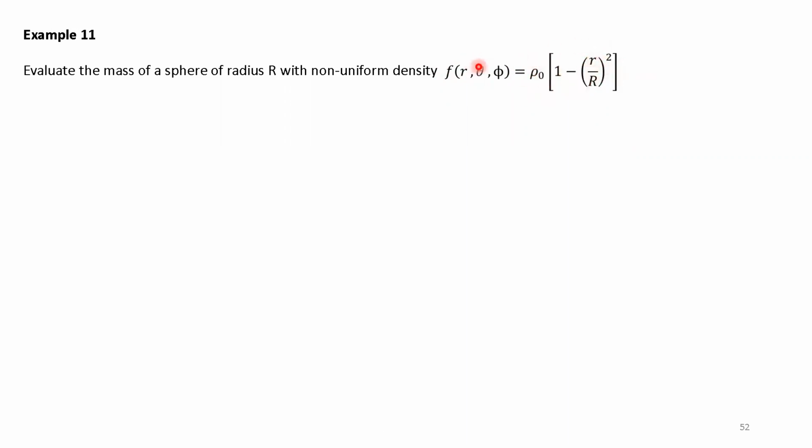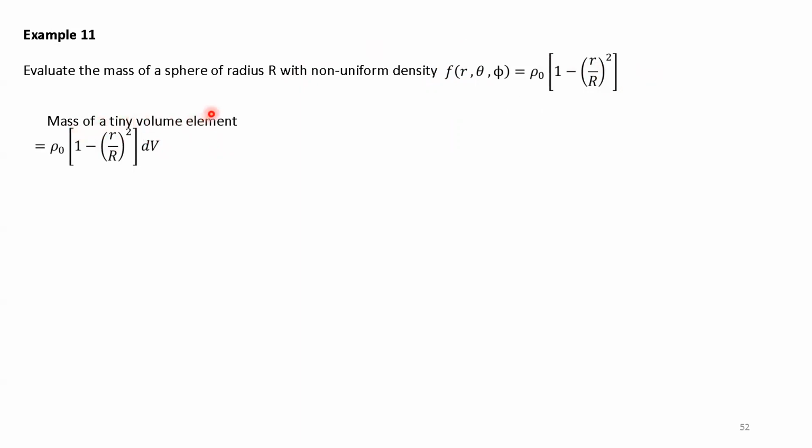Suppose I want to find the mass of this sphere. What do I need to do? I need to do the triple integral of this density function over the entire sphere.